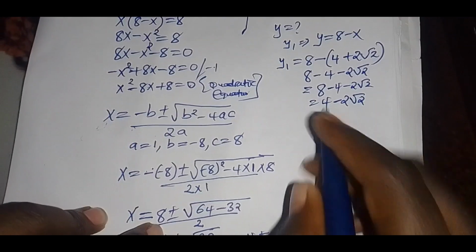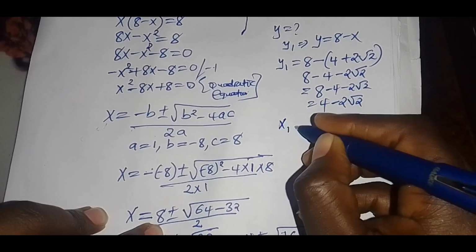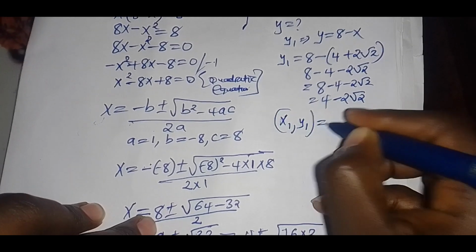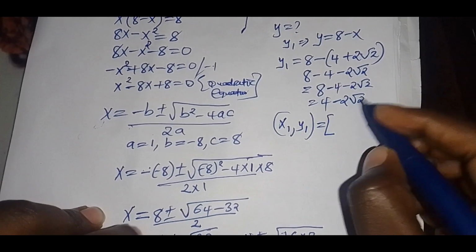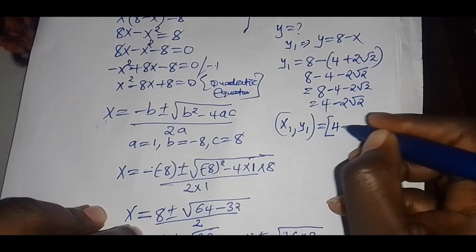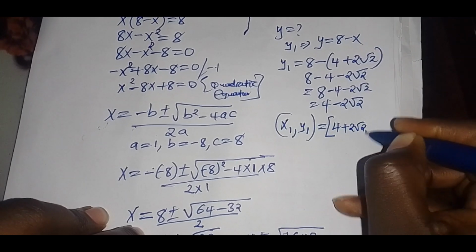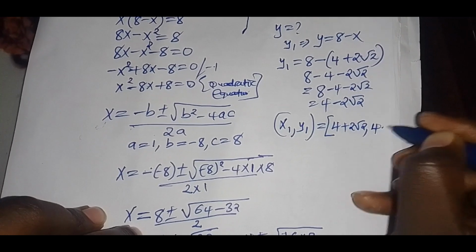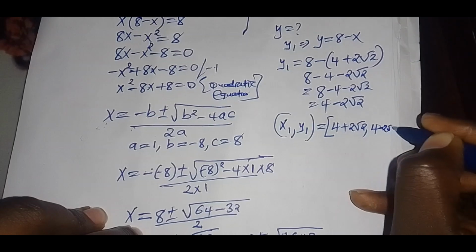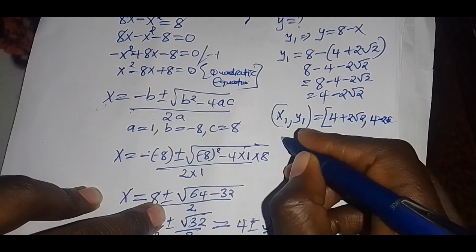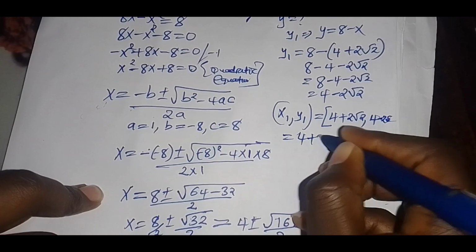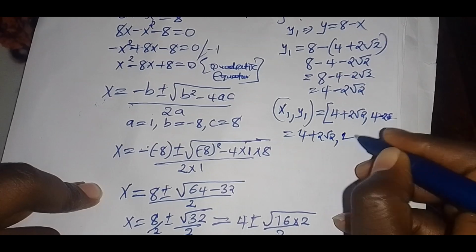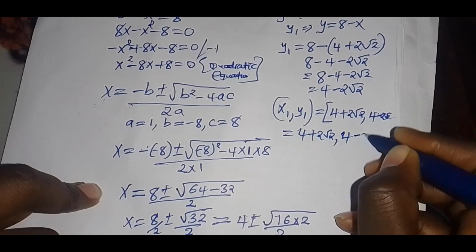So that means x1 is 4 plus 2 root 2, and y1 is 4 minus 2 root 2.